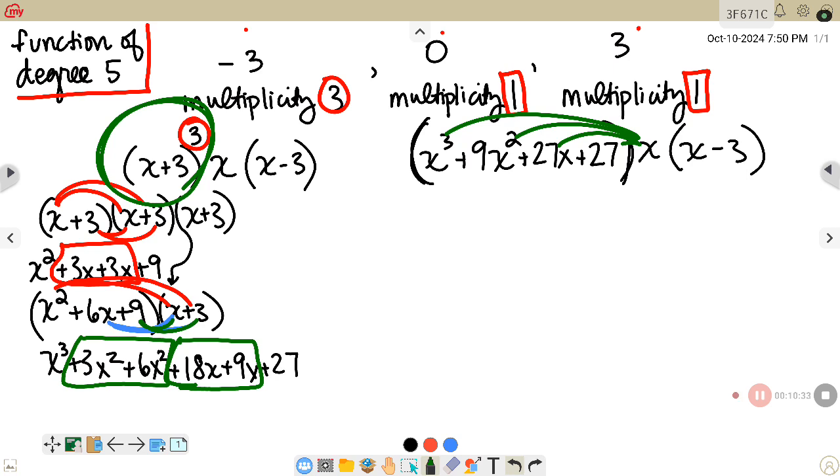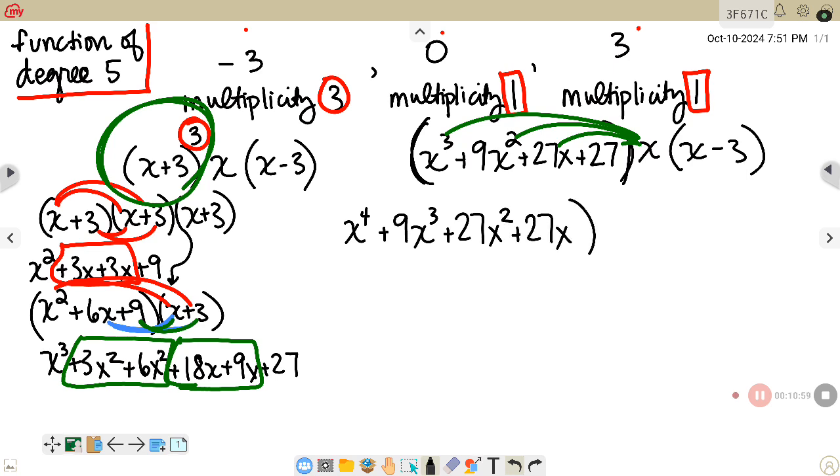So now x to the third times x gives me x to the fourth. 9x squared times x gives me plus 9x to the third. 27x times x gives me plus 27x squared. And then the last one, 27 times x gives me plus 27x. So now I've taken care of this one and this one.